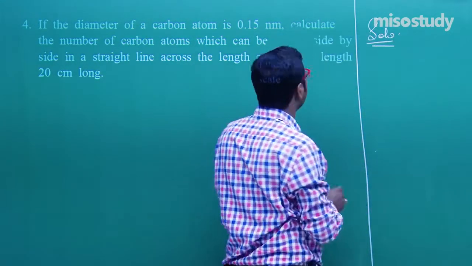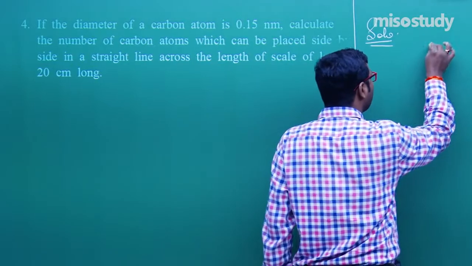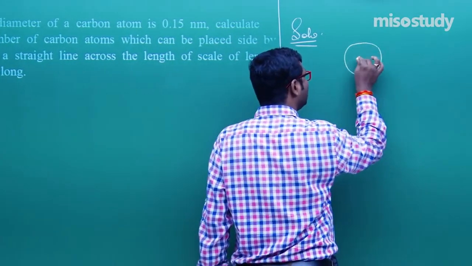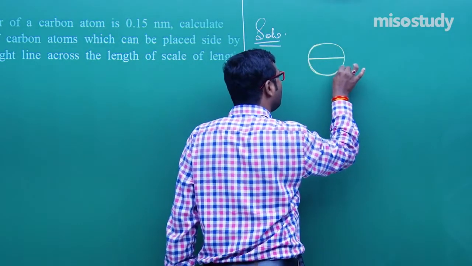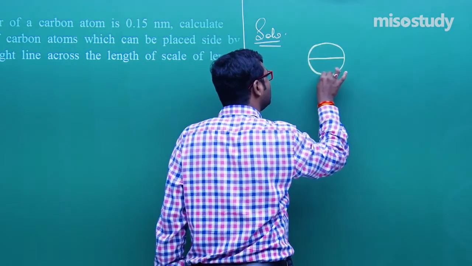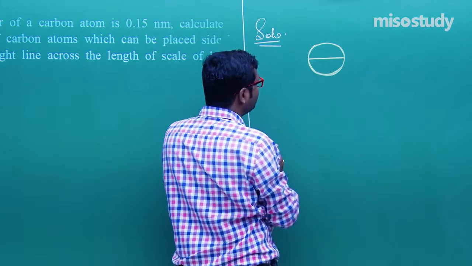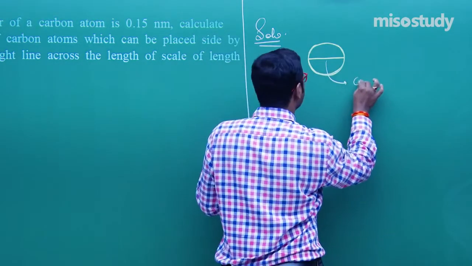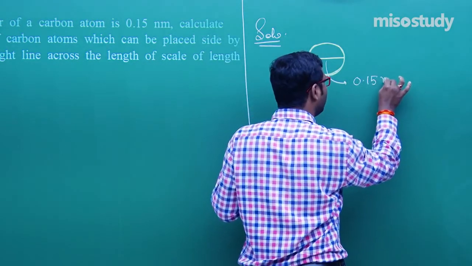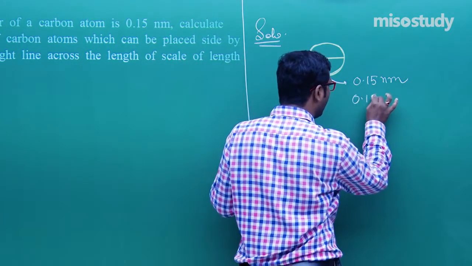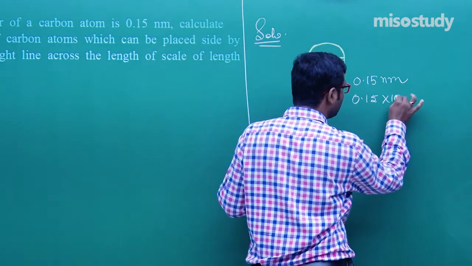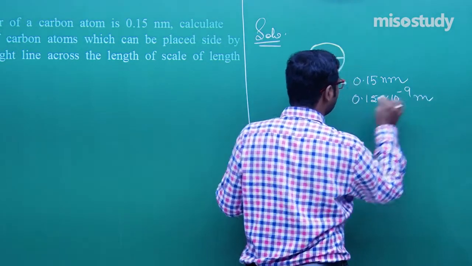The diameter of a carbon atom. Suppose this is a carbon atom, and here is given the diameter of the carbon atom. This distance d is given as 0.15 nanometer. Clear to you? We can write here 0.15 into 10 to the power minus 9 meter.